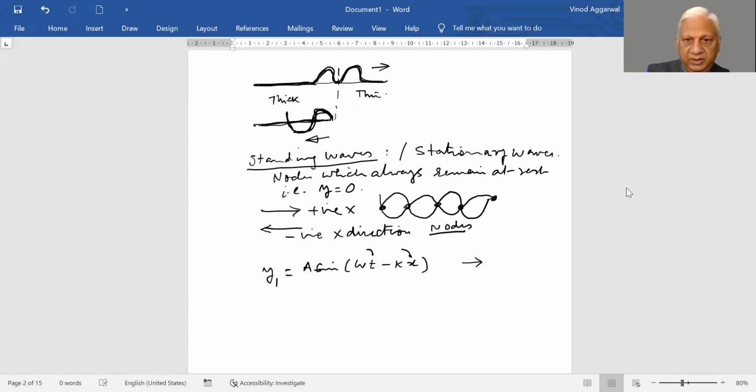So this is proceeding in positive x direction. Let's take another wave, which is a reflected wave. When the sign of x and sign of t are the same, this is a reflected wave going in negative x direction.